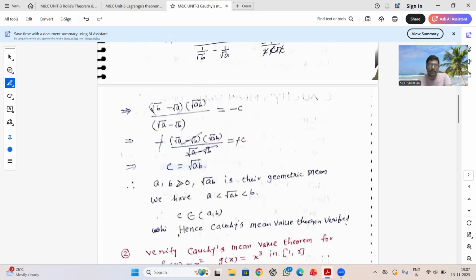Clearly root ab always lies between a comma b. If you take any example, 1 comma 2 or 2 comma 3, if you take 1 comma 2, root 2 lies between 1 comma 2. If you take 2 comma 3, we get root 6. Root 6 always lies between a comma b. Okay, so this is Cauchy's mean value theorem.